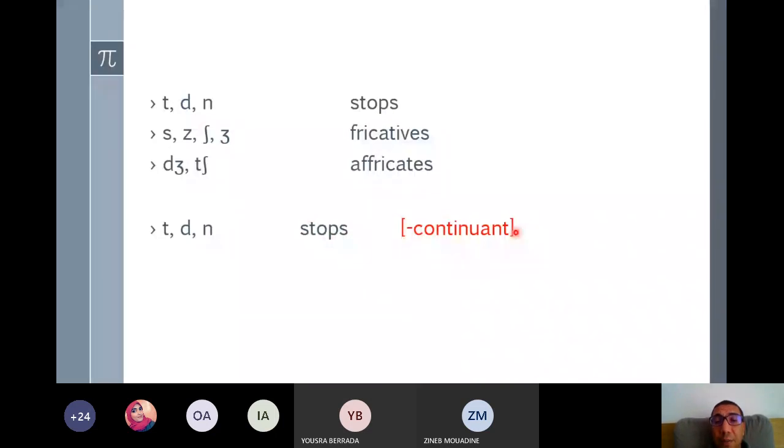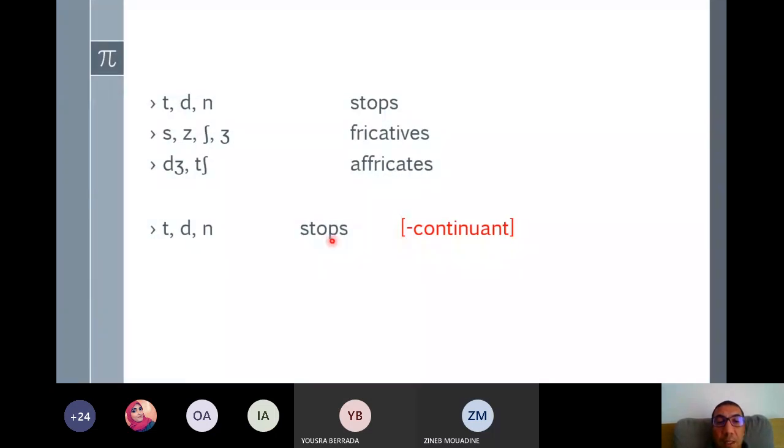We are talking here about minus continuant in the sense that the oral flow stops at the oral tract, not the nasal. It's true that the nasal flow continues through the nasal cavity, but we are talking about continuity in terms of the oral cavity.